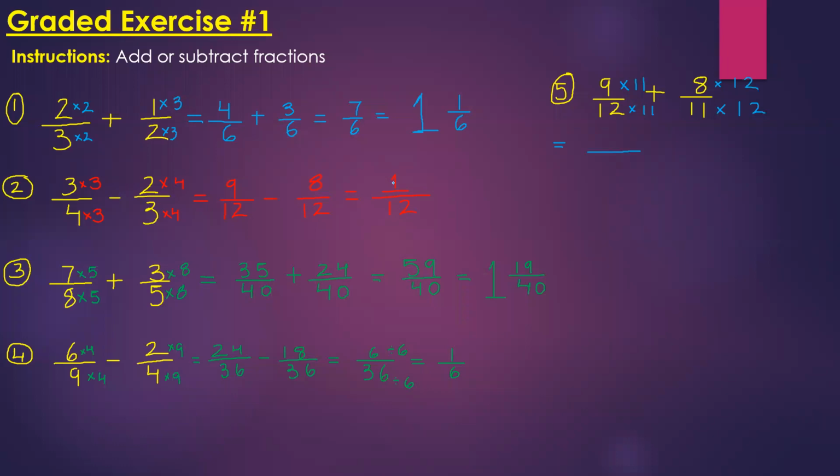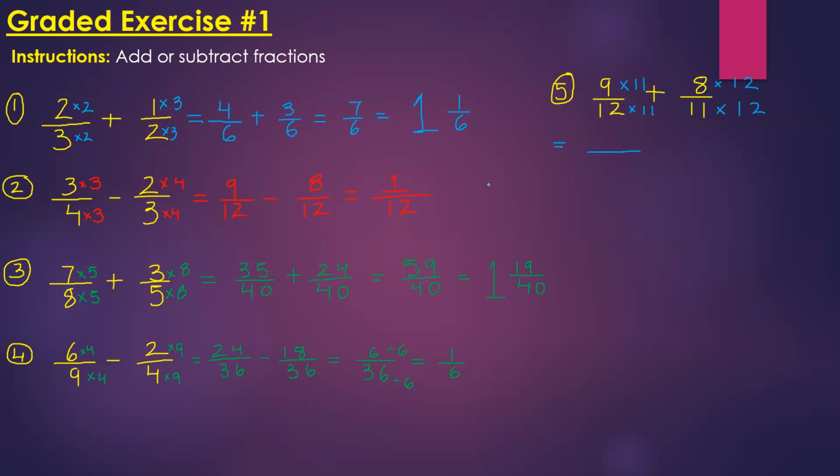Kai, what do we do from here? 12 times 11 would be 132. 9 times 11 would be 99.